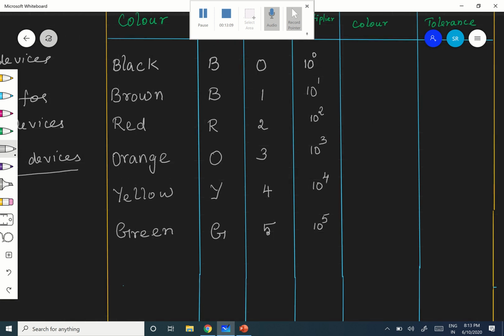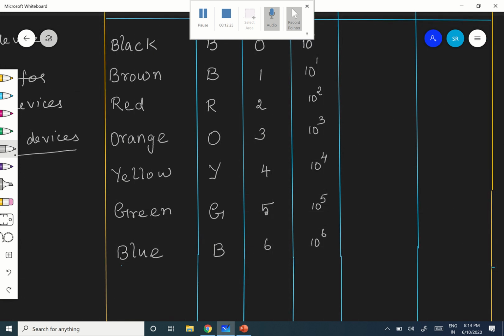Then next to green is blue, which is once again B. See, three B's are coming. Blue is 6, and 10 power 6. Then the next one is violet.